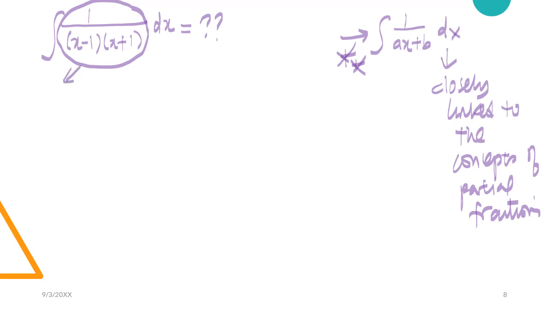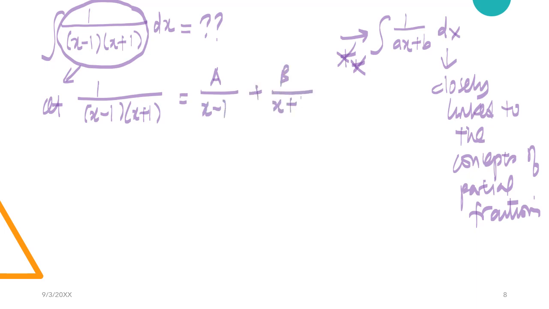If you have forgotten the rules, it's good, now is a good opportunity for you to revise. If you look at the denominator, it comprises two linear factors. If the denominators are linear factors, it's very easy, you just let it be a constant over the first linear factor, plus b over the second linear factor.